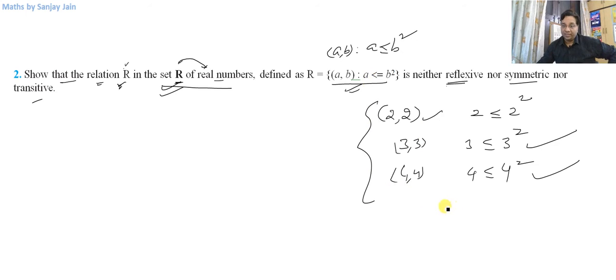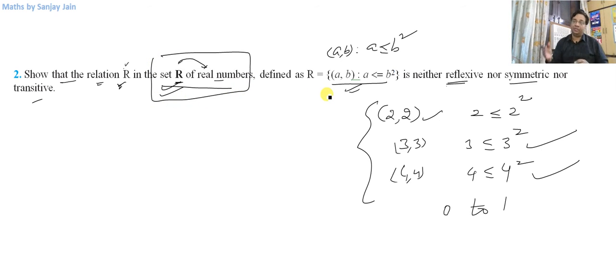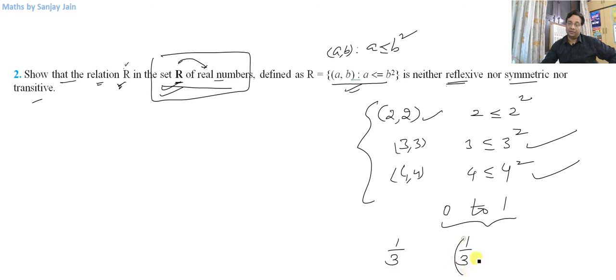You know that numbers between 0 and 1, because it is defined in the set of real numbers, I can take any real number. I can take negative numbers, I can take numbers between 0 and 1, I can take numbers beyond 1, I can take decimals, right? Any rational or irrational numbers also I can choose. So between 0 and 1, if I take any number, for example 1 by 3, and if I square it, it will be 1 by 9, which is lesser than 1 by 3.